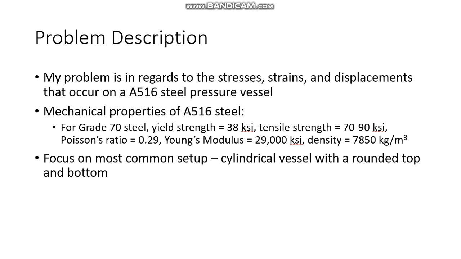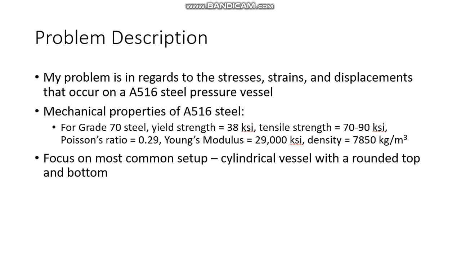Here's my problem description. My problem is in regards to the stresses, strains, and displacements that occur on an A516 carbon steel pressure vessel. A couple of the mechanical properties of A516 steel are listed here. For grade 70 steel, the yield strength is 38 ksi, the tensile strength is 70 to 90 ksi, Poisson's ratio is 0.29.